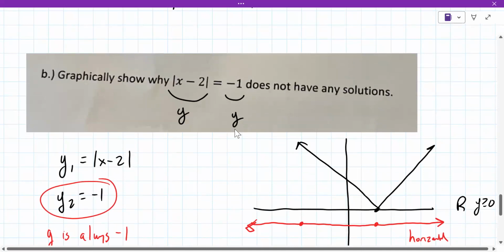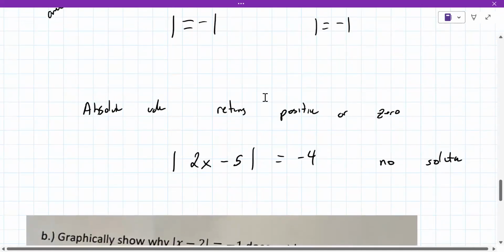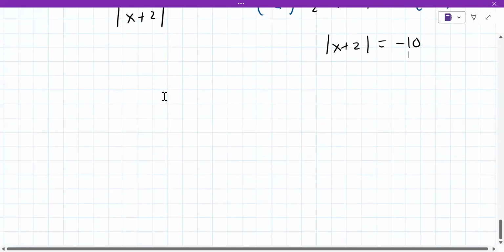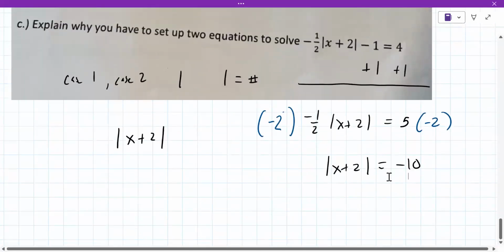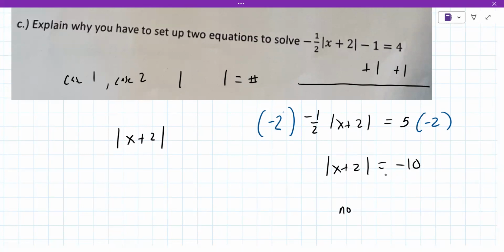Oh, the -1. Yes. Absolute value always returns positive or 0. Is there any way for the absolute value of X + 2 to be a negative number? No, absolute value can't be negative. That's right. So this has no solution.